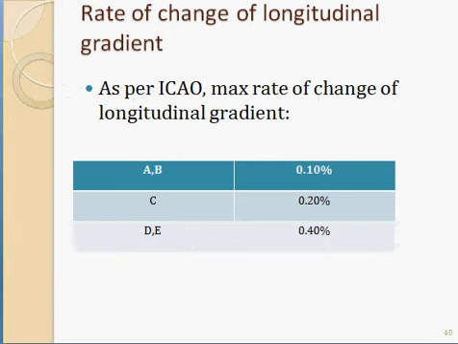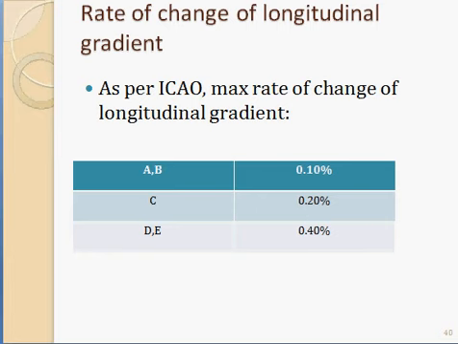Next is rate of change of longitudinal gradient. That is, if we have two gradients adjacent to each other, what is the rate of change of longitudinal gradient? A sudden change in longitudinal gradient is undesirable in the case of airports, because it restricts the sight distance, and it also causes problems during takeoff.